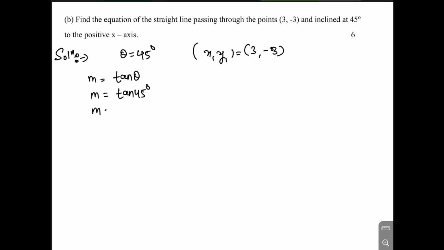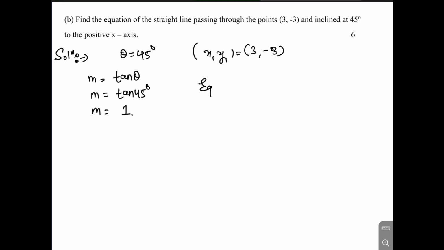Here theta value they have mentioned as 45 degrees and x1, y1 value they have mentioned as 3, minus 3, I can see here. We know that m equals to tan theta, I can say. Now substitute the value of theta here, tan 45. The value of tan 45 is 1, I can say.